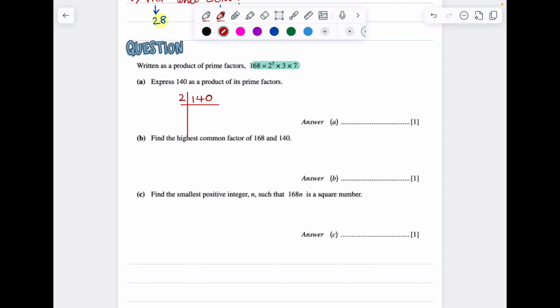So 2 divides 140 to give you 70, then you divide by 2 again to get 35, then you divide by 5 to get 7, and then you divide by 7 to get 1. So your prime factorization is done. It's going to be 2 square times 5 times 7, because there are two 2s.